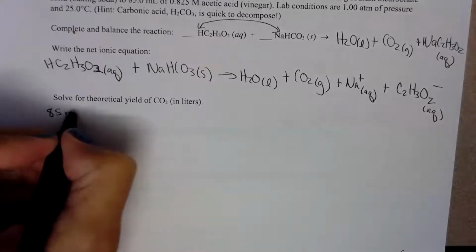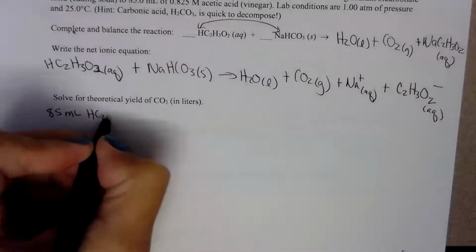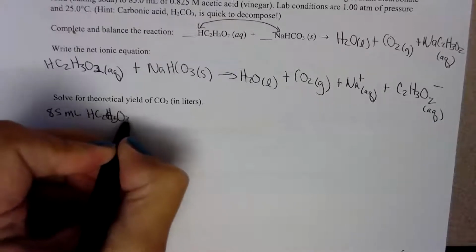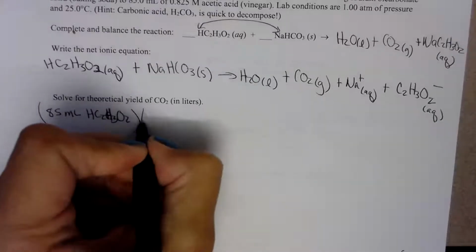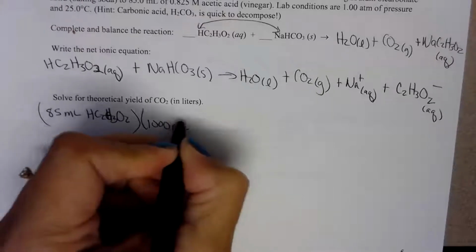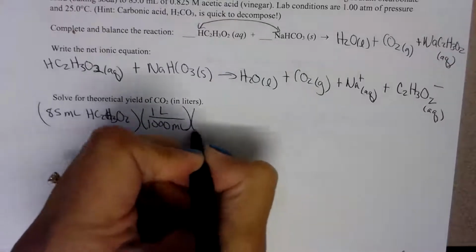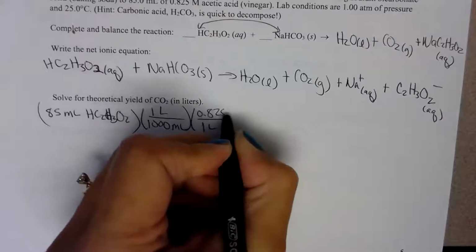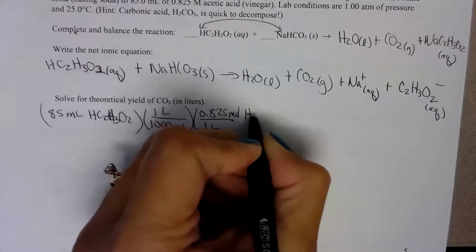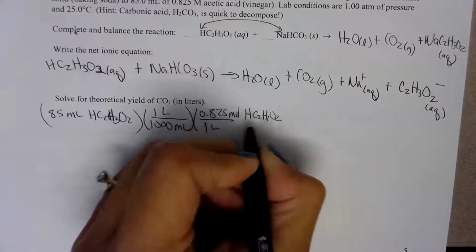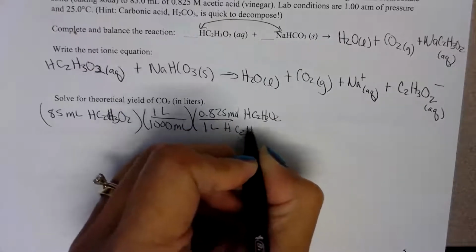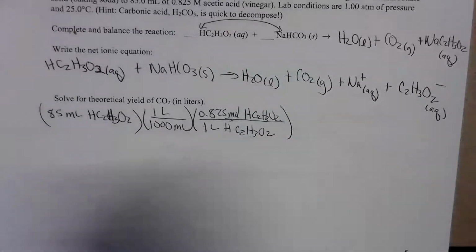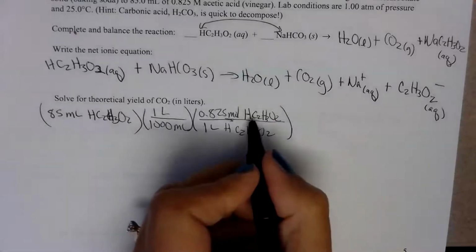Okay, so we have 85 milliliters of acetic acid. And there are 1,000 milliliters in 1 liter. And the molarity is 1 liter has 0.825 moles of acetic acid. You might think about, does that compare with what you got for molarity in lab? I think it's pretty close. So that gets us to moles of vinegar.